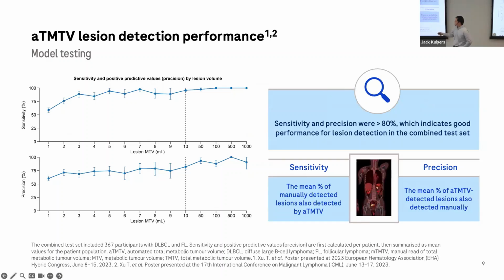For the lesions that are small, the algorithm is not performing so well with regard to the detection and then the segmentation of the lesions. As we see here, they have lower sensitivity and precision. This is mostly the case in examples at the end of treatment where patients have remission and the size of lesions is relatively small.